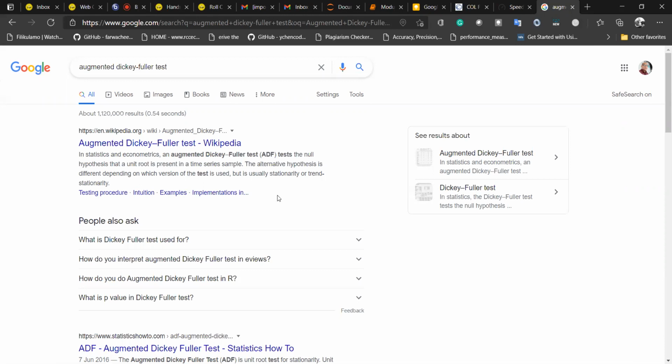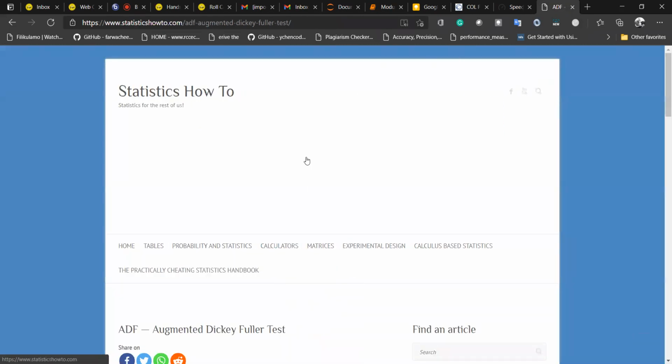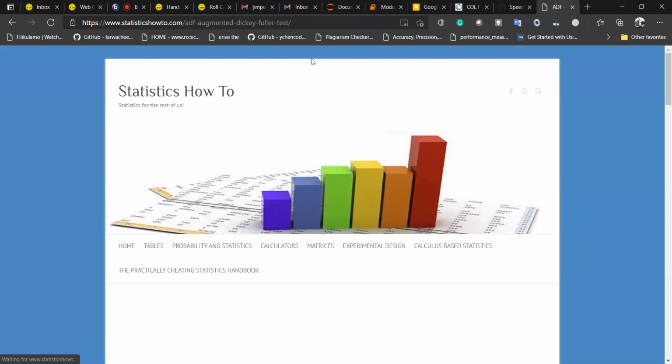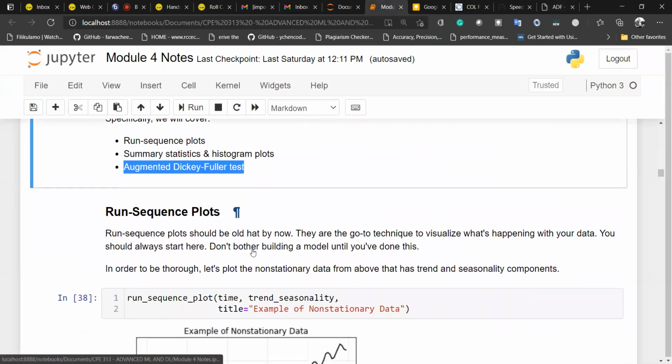The alternative hypothesis is different depending on which version of the test is used, but it's usually stationarity or trend stationarity. Okay? So that's the basic information about the augmented Dickey-Fuller test.